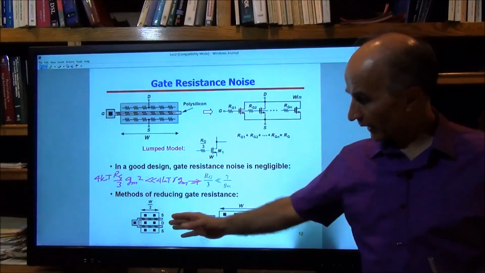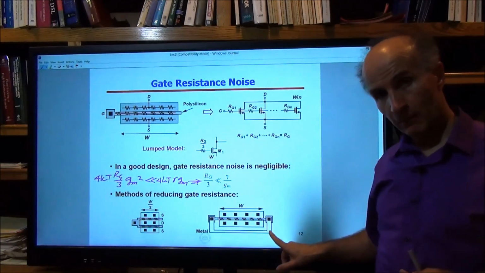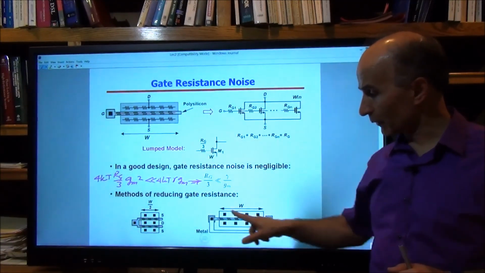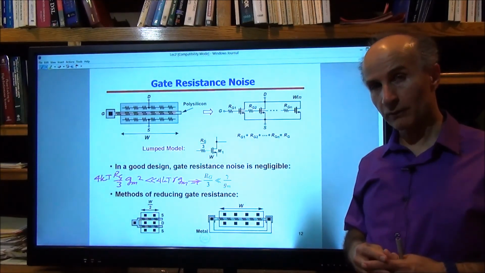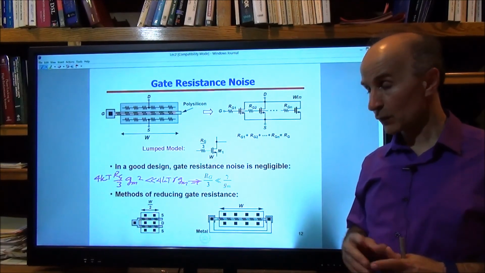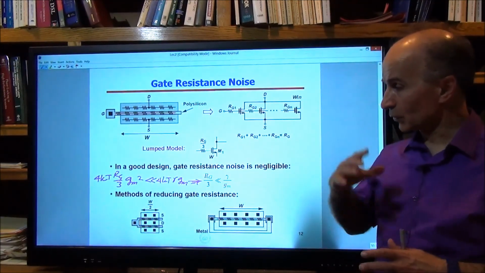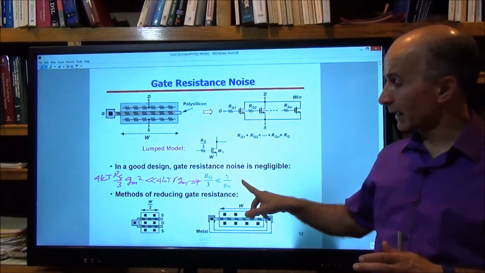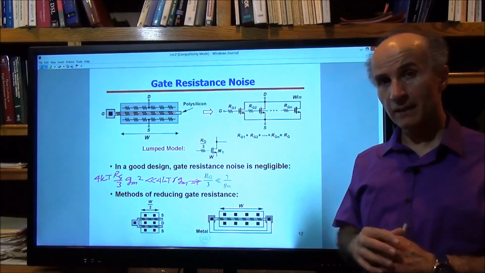Alternatively, or in addition to that, we can contact the gate on the 2 ends by a low resistance material like metal. And again, that also reduces the total gate resistance by a factor of 4. So in general, you have to choose the number of fingers such that the total gate resistance noise becomes negligible with respect to channel noise. And then that's a satisfactory design.